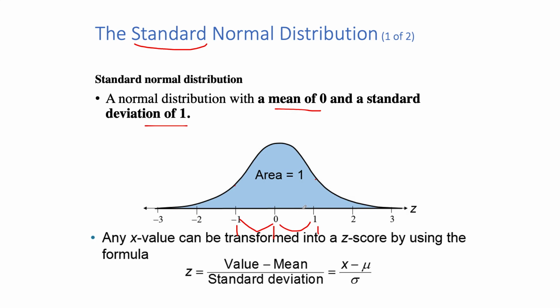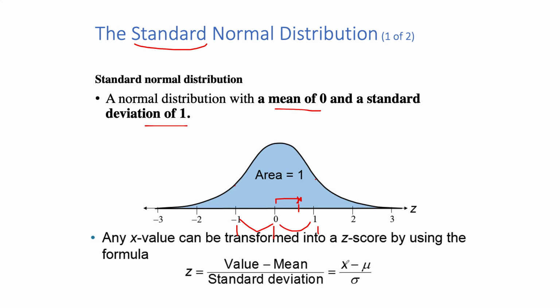This z-score is saying, if I pick some value x here, the first thing is to ask the question, how far is x from the mean? I want to know the difference between where x is located and where the mean is. Suppose x is measured in dollars.